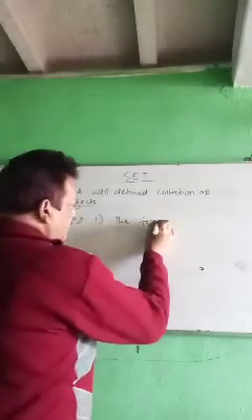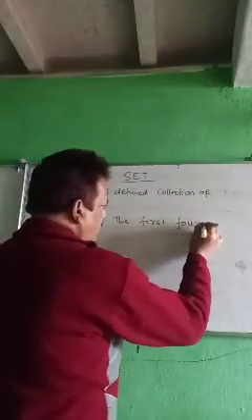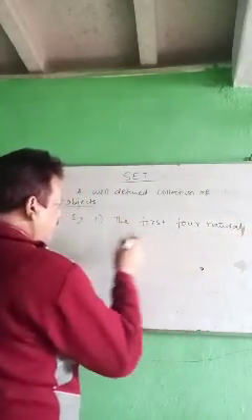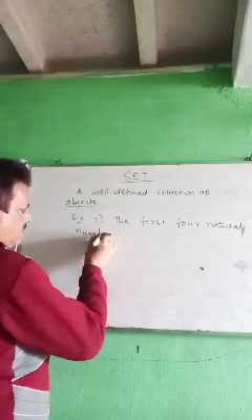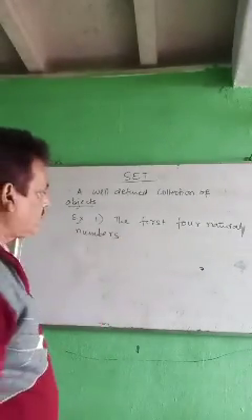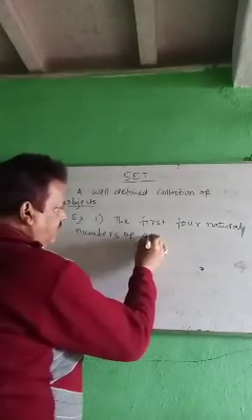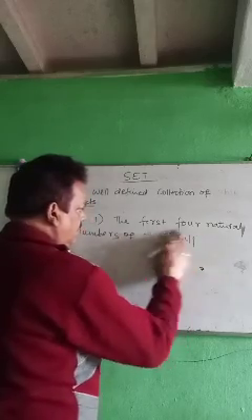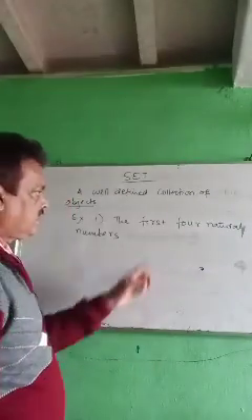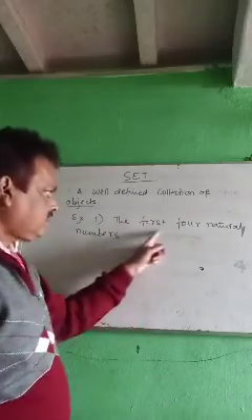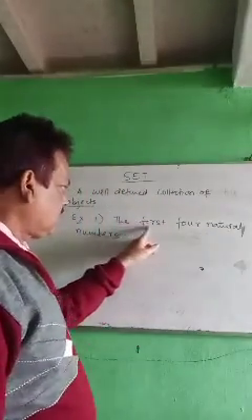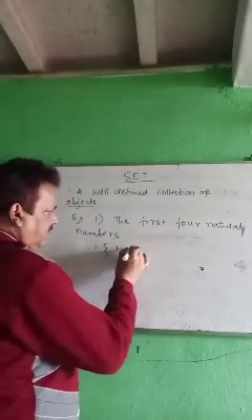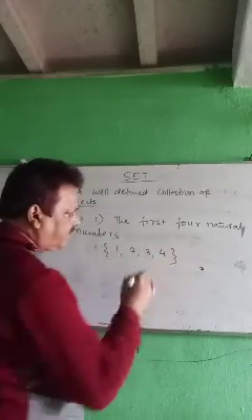The first 4 natural numbers. So when you talk about the natural numbers, the first number will be 1, 2, 3, 4.